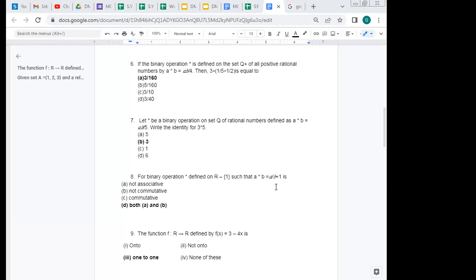Means the whole term is A by B and plus 1. So what type of operation it is, that you have to see whether it is associative or commutative or something like that. How you will go for that?